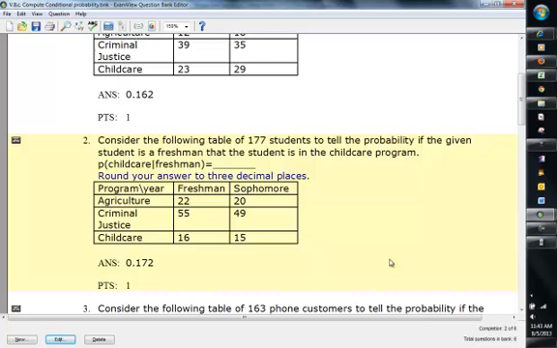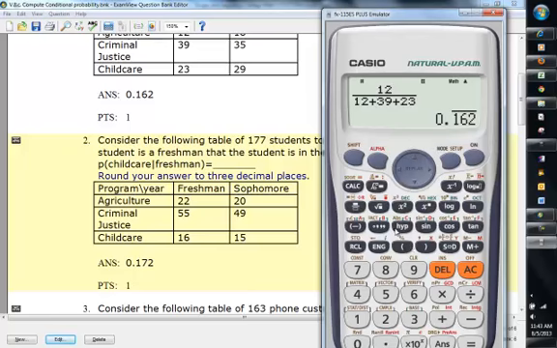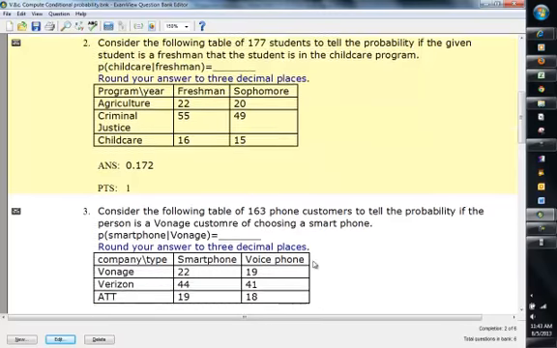To tell that if the student is a freshman, that the student is in the child care program. So the first thing we have to do is get the freshmen that are child care, 16, out of the total number of freshmen, 22 and 55 and 16. And we get 0.172.